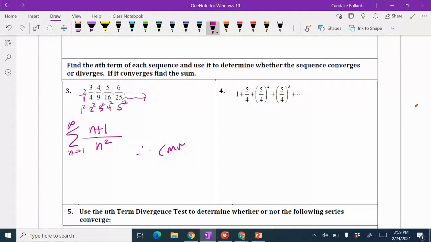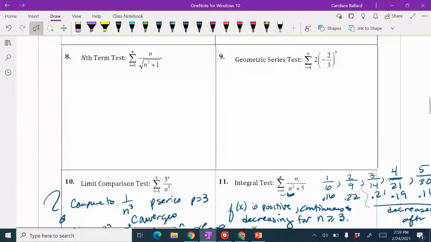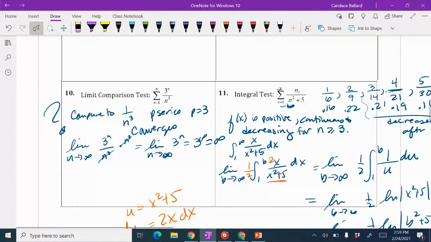This isn't something that we're going to put on the test this week, but we've got a sequence, so when we take the limit as n approaches infinity of this, I could use L'Hopital, which would give the limit as n approaches infinity of 1 over n, and that's going to equal 0. So in this case, because we've got a sequence, that will converge, versus a series.